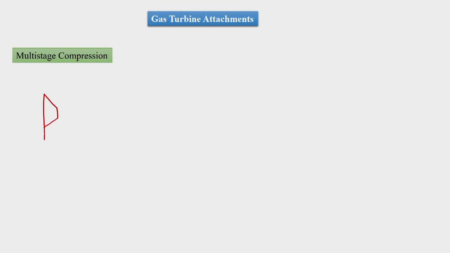Hence, we cannot use a single compressor for raising the desired pressure. So instead, to achieve a higher pressure ratio, we can use multi-stage compression, where we are basically using multiple compressors, called low and high pressure compressors.